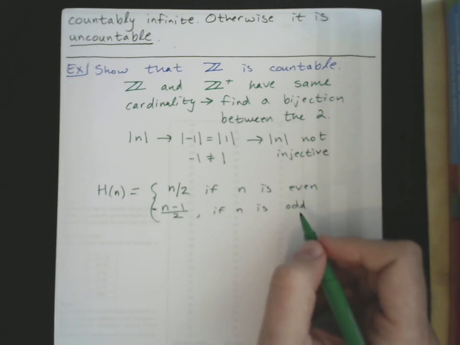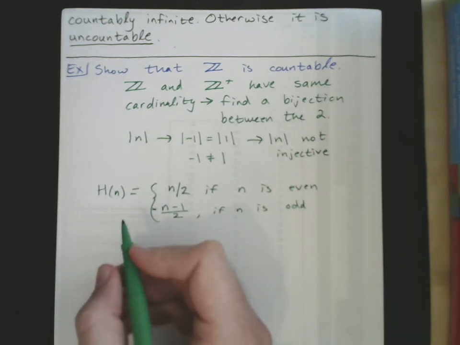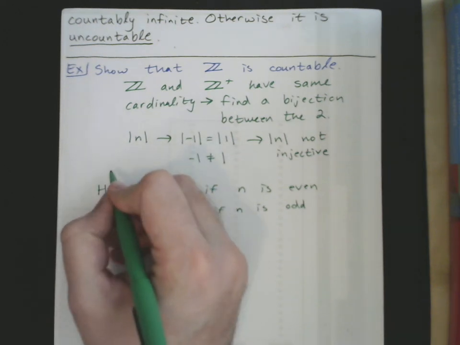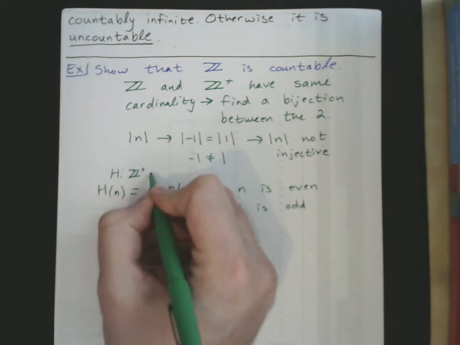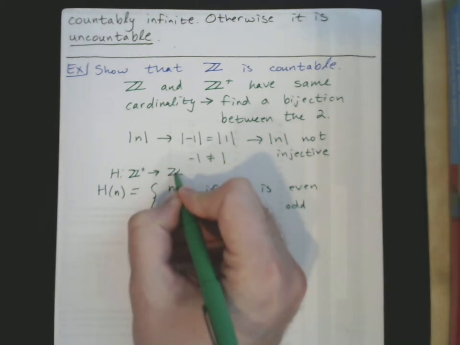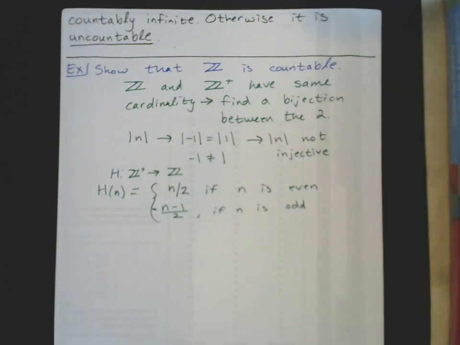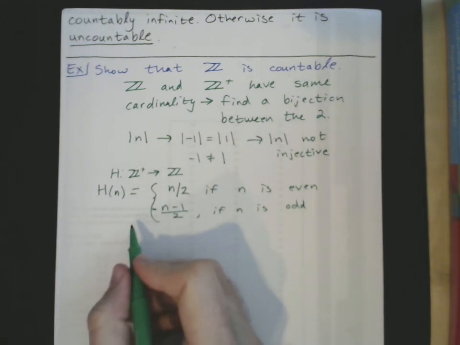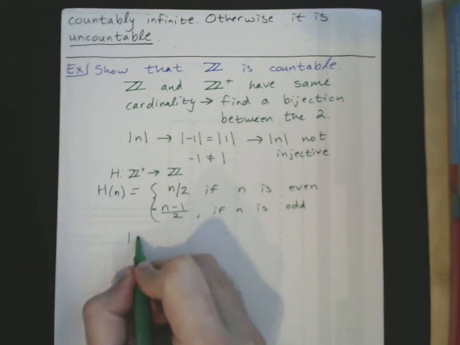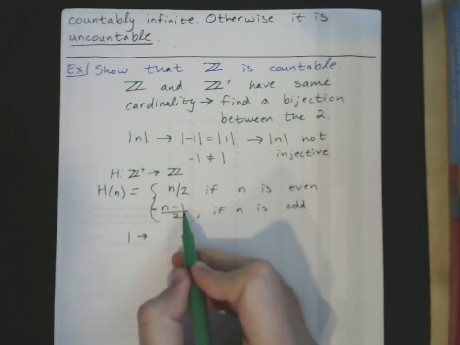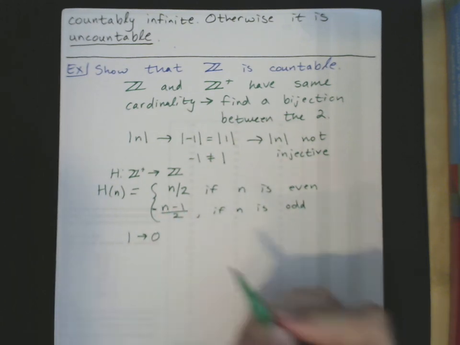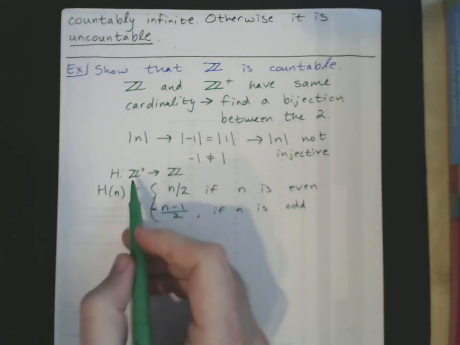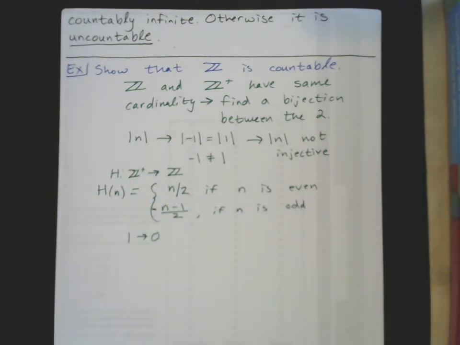And this is specifically taking the positive integers into the regular integers. So 1 is odd, so we have 1 minus 1 over 2, 1 minus 1 is 0, so that goes to 0. That's how we get the 0, because remember the positive integers doesn't contain 0.